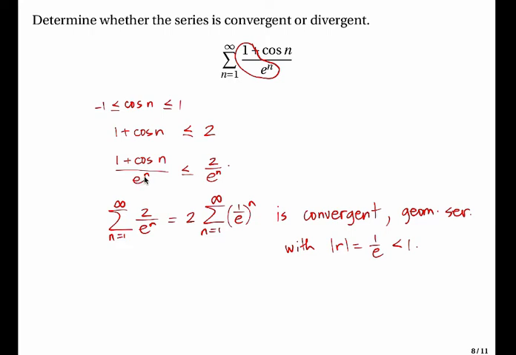Okay? So, we have the series 1 plus cosine n over e to the n, from 1 up to plus infinity, is also convergent. And again, by comparison test. Okay?